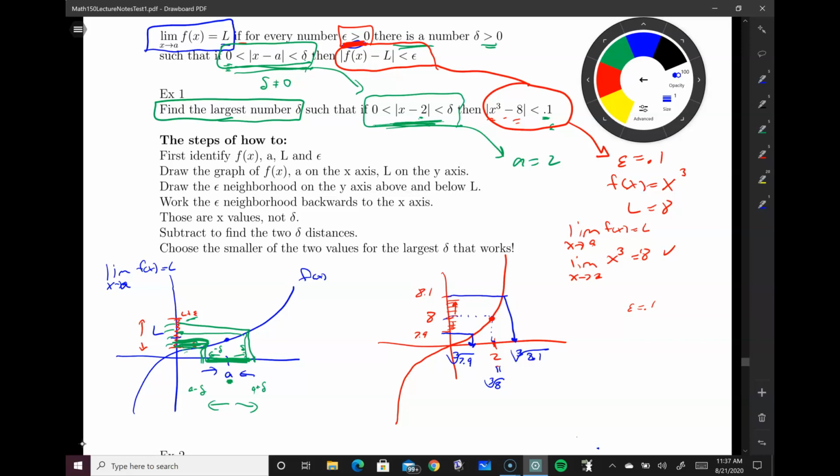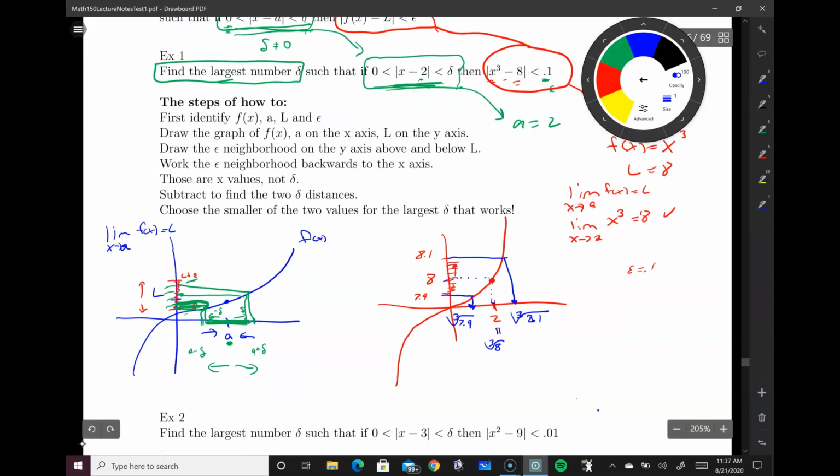Okay. So now what we need to find is the distance. So the distance delta is this distance here and this distance here. They're going to be different because I've got a curved function. So I'm just going to label them delta 1 and delta 2. For delta 1, I'm going to subtract in the order so I get a positive number. So I'm going to say 2 subtract the cube root of 7.9.